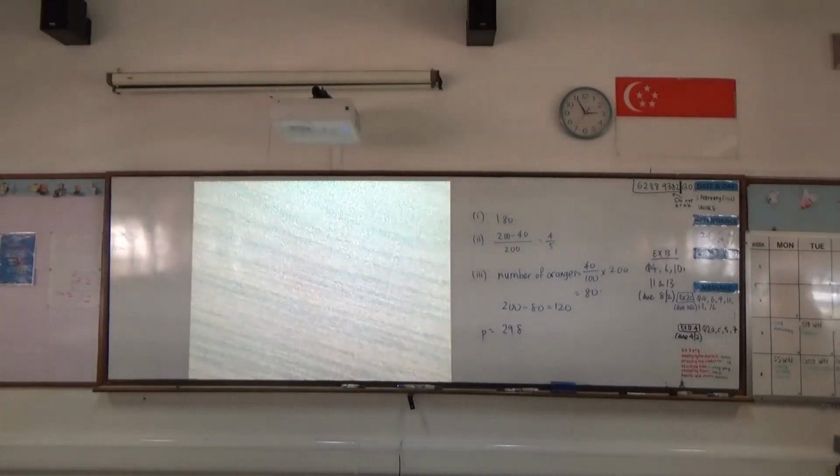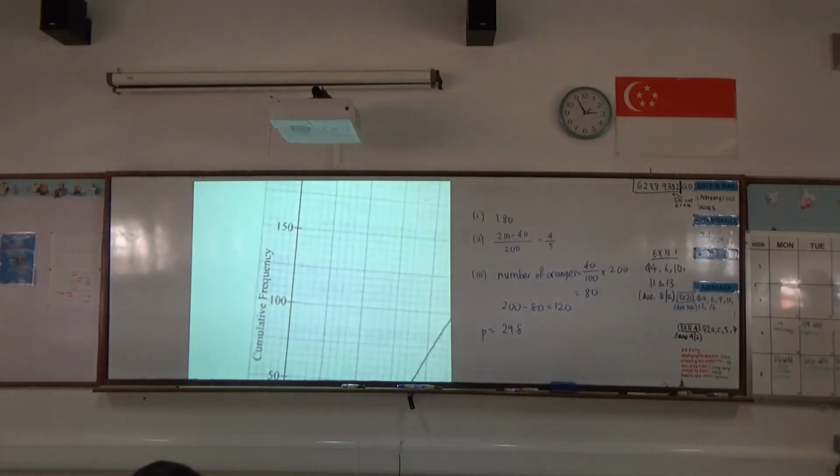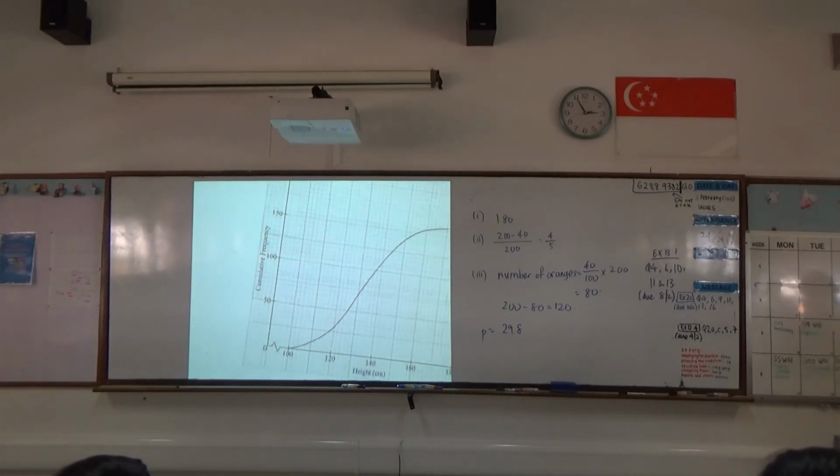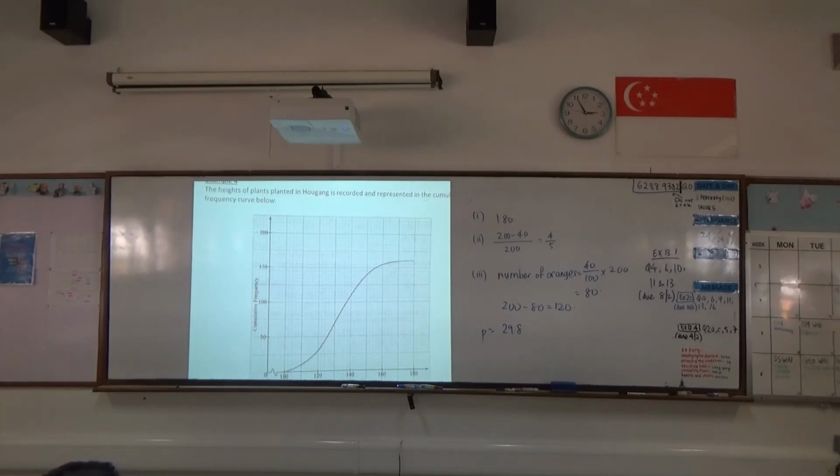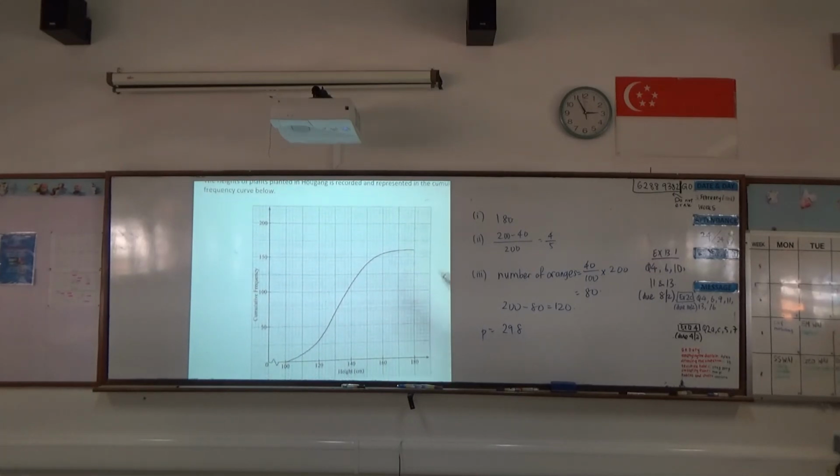Alright, next we look at example 4, the last question for today. Something different, not just about reading off. You need to understand the question. The heights of plants planted in our garden are recorded and represented in the cumulative frequency curve below. Example 4 in the worksheet.